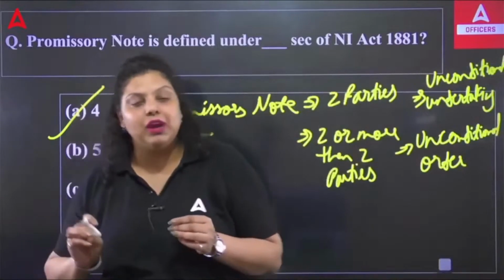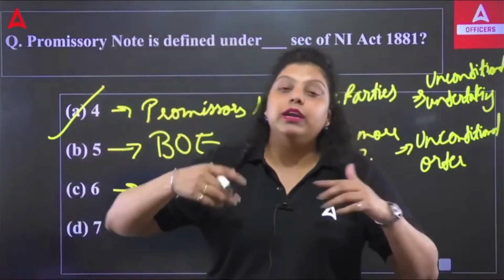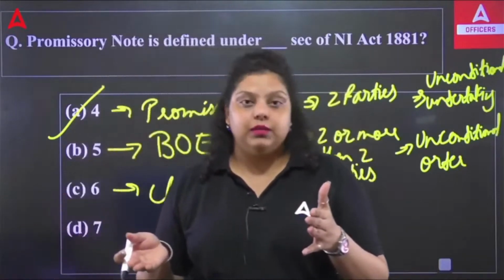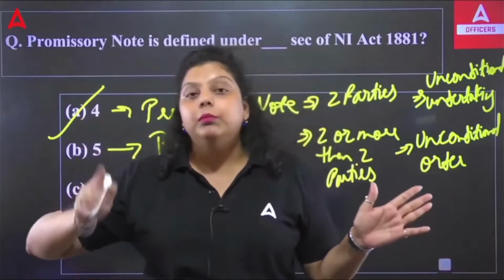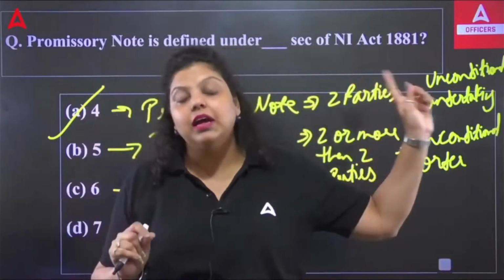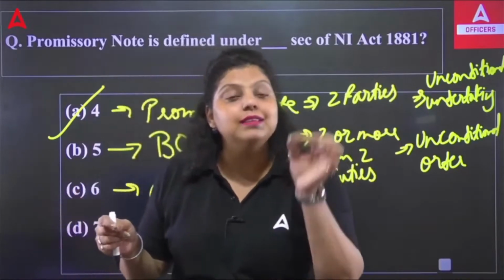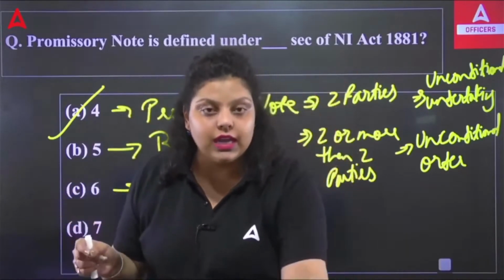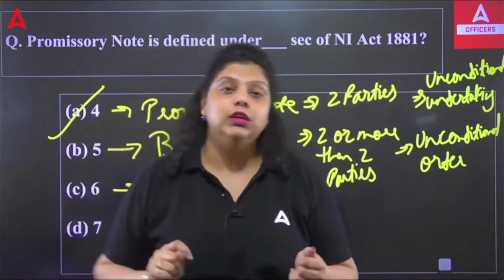It's a document in writing not containing a currency note. It promises to pay a certain sum of money to a certain person or on the order of the bearer. But one thing is very important, that is unconditional undertaking. The promissory note is a document in writing which contains an unconditional undertaking to pay a certain sum of money to a certain person or on the order of the bearer.